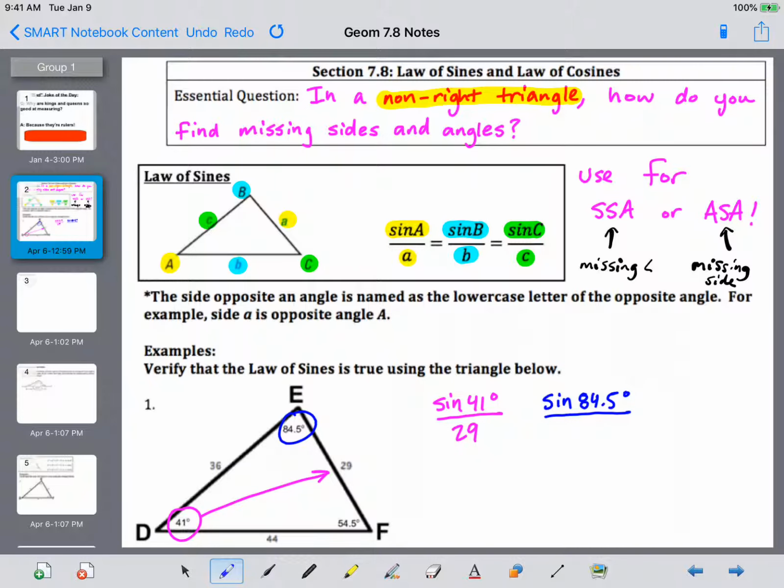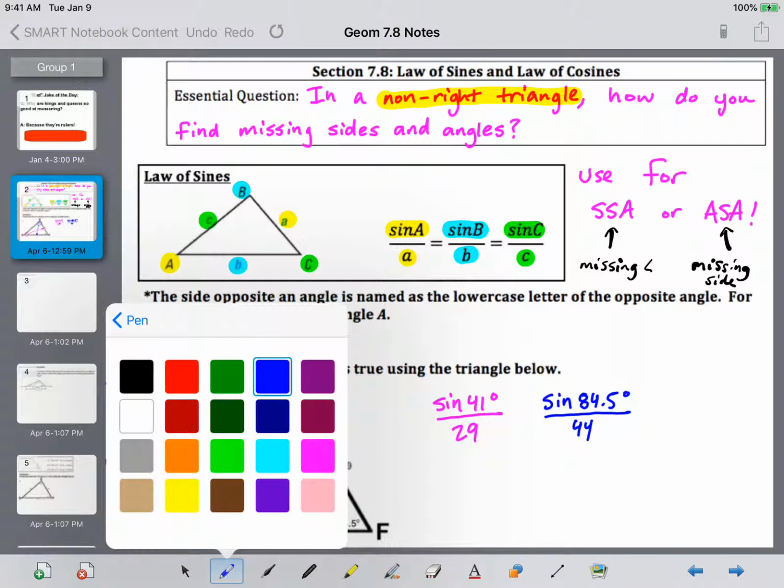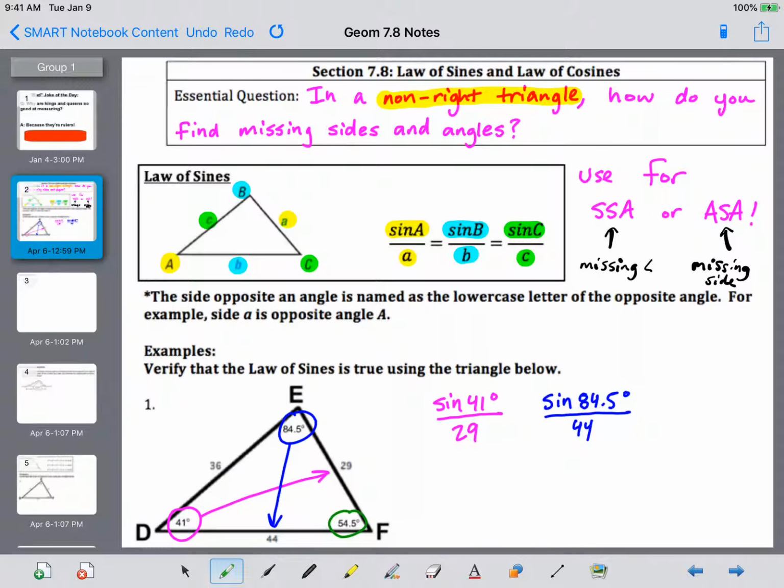And we have to put that over the side opposite, which is 44. And lastly, if we take a look at angle F, it's 54.5 degrees. So we'll take the sine of 54.5 degrees and we will put that over the side opposite, which is 36.